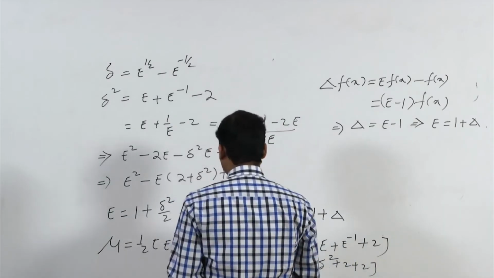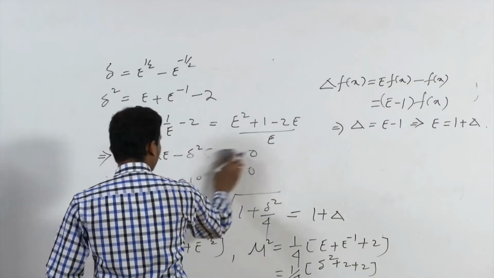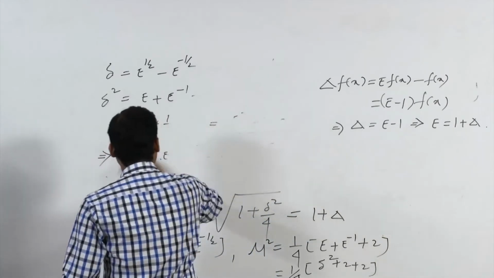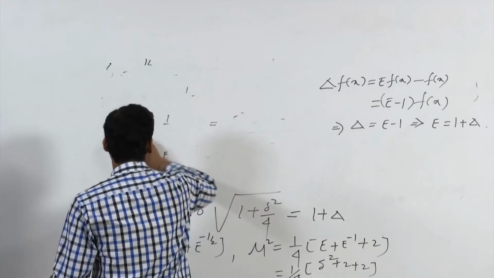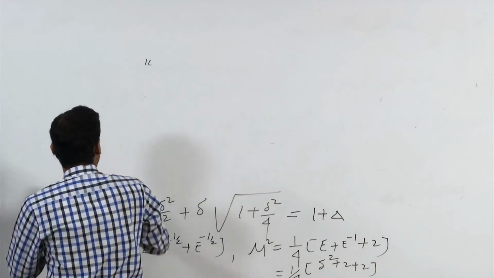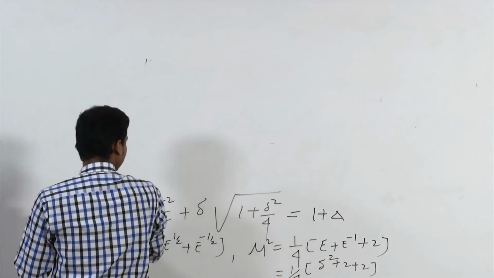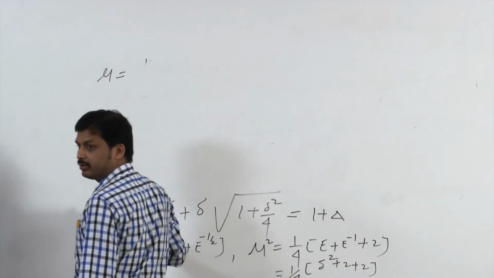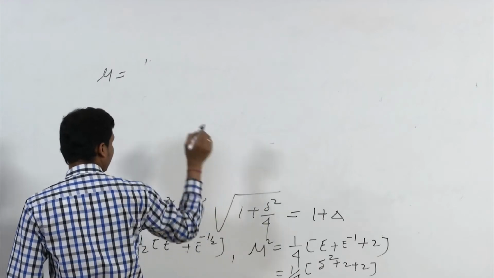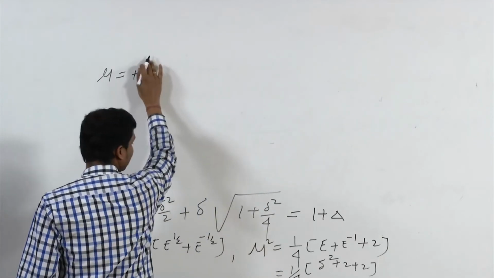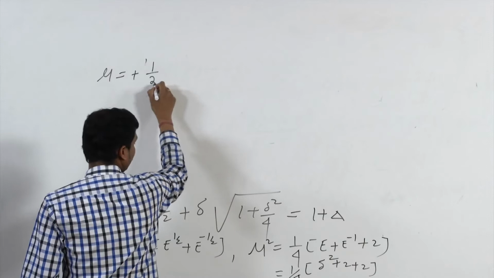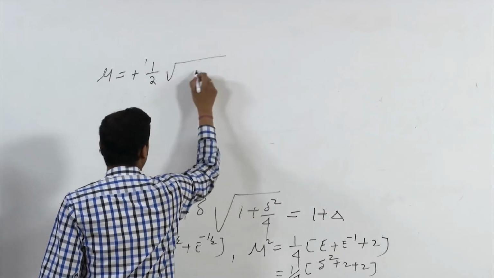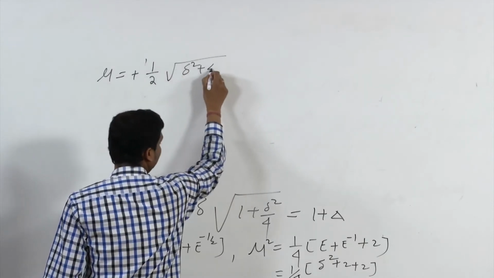And if I want to find the square root of this mu function, it can be written in the form of mu equals plus or minus 1 by 2 square root of delta square plus 4.